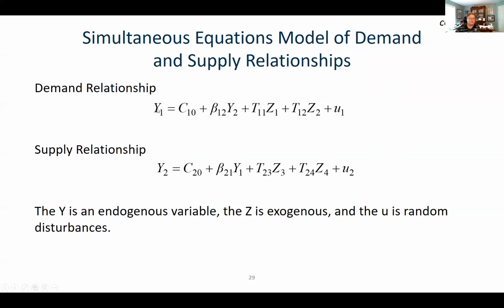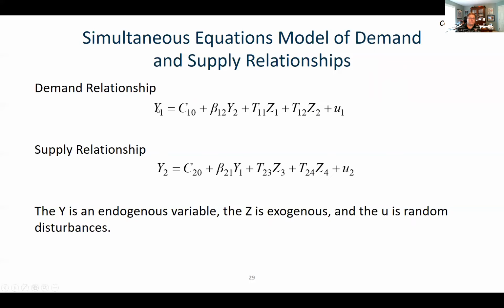And the other thing to consider is that the coefficients associated now with Z1, Z2, Z3, and Z4 are nonlinear combinations of the coefficients of the endogenous variables and the coefficients associated with the predetermined variables.